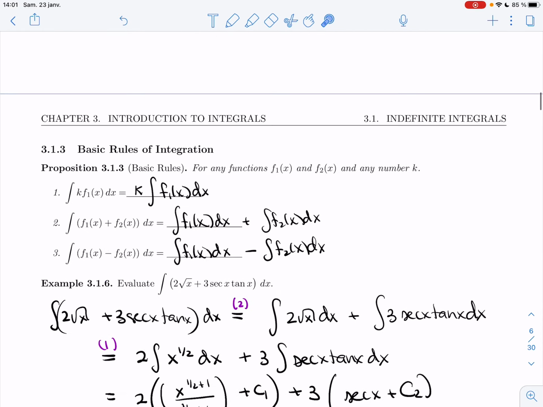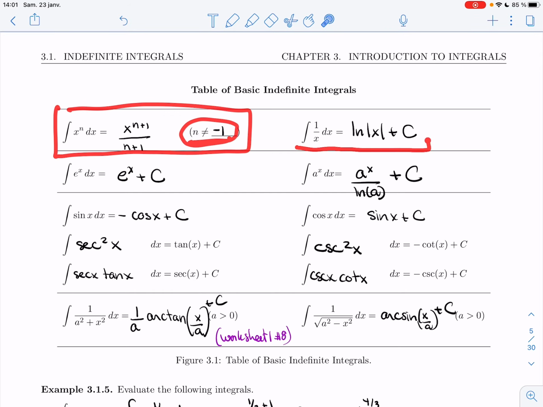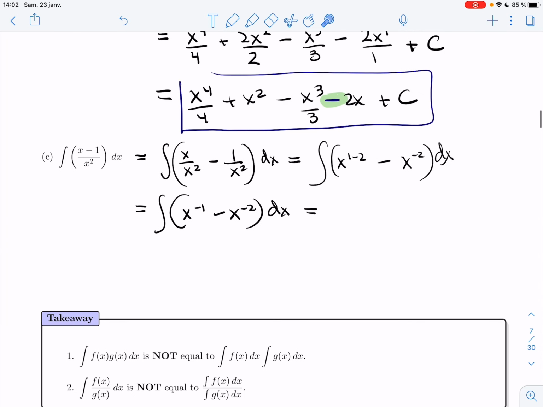If I look at the table, the power rule I was trying to use is this one, and it only works when n is not minus 1. For n is minus 1, this is the rule I want. Remember, x to the minus 1, that's 1 over x. And so the antiderivative here is just ln of x.